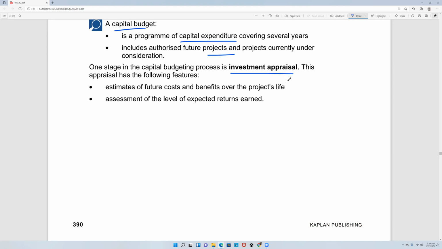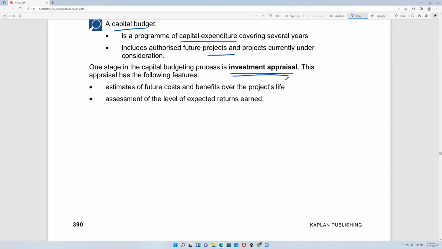Suppose you have an opportunity to invest so and so amount at so and so place. The question is whether this is viable for you or not. For that, you need to go through an investment appraisal process. In simple words, you have different investment plans. Which one can be best for you?